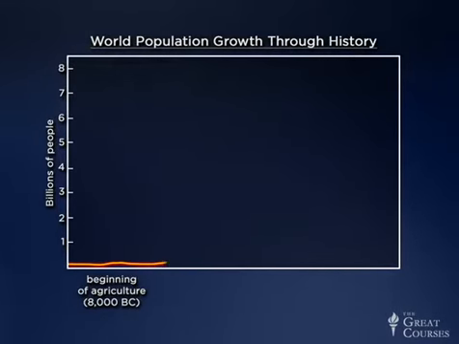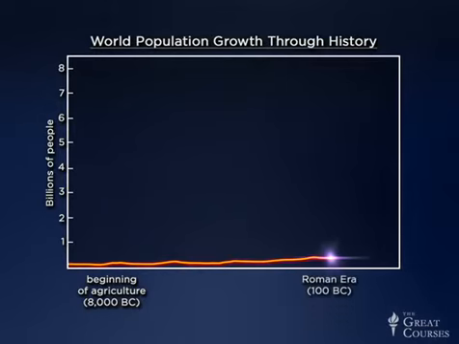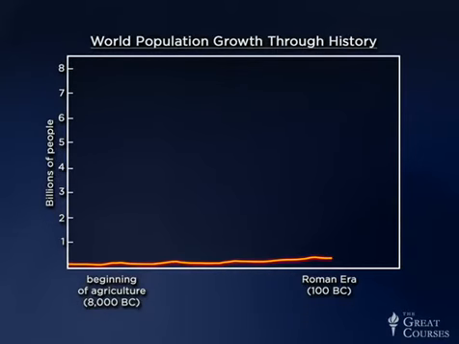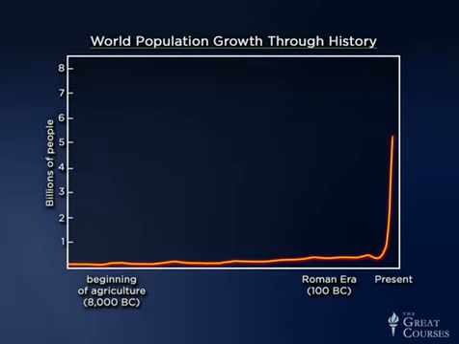At agriculture, the population grows even more rapidly, so that, of course, by the time we get to the Roman era, after people had been agriculturalists for as long as 8,000 years, there are 100 million or 200 million people in the world. And the population has continued to grow since then, so that today we're on the cusp of 7 billion people in the world. That's a massive amount of population growth.